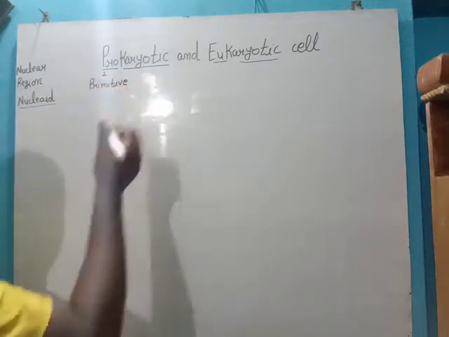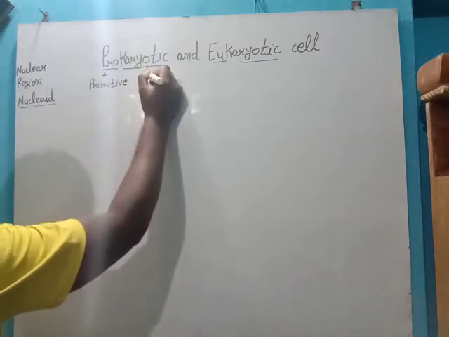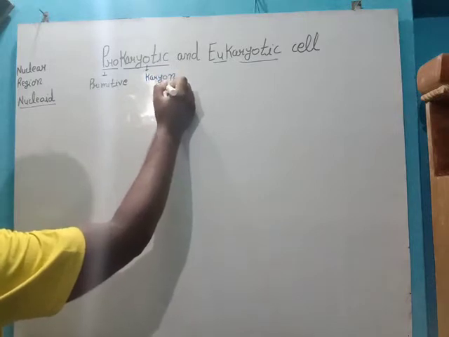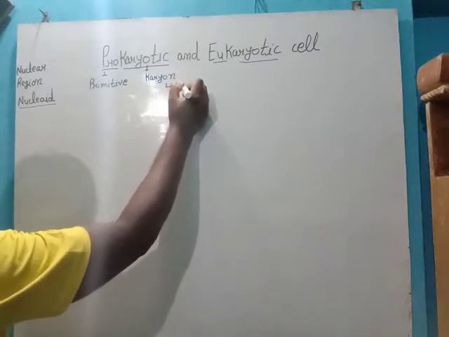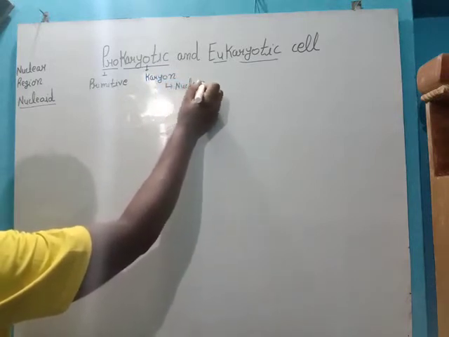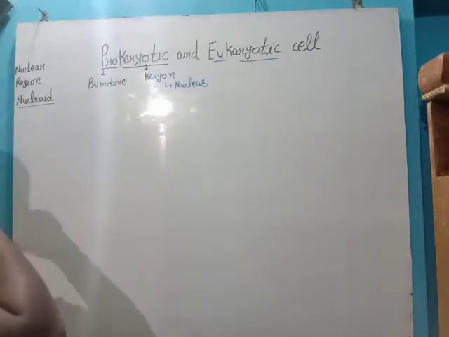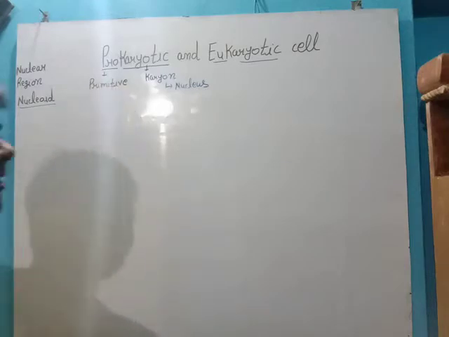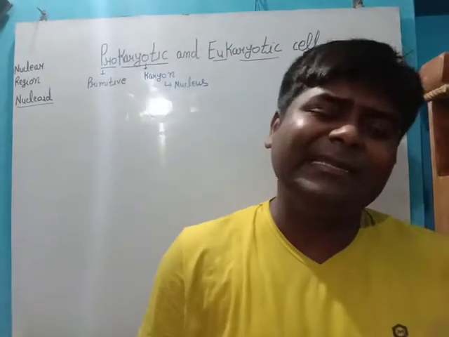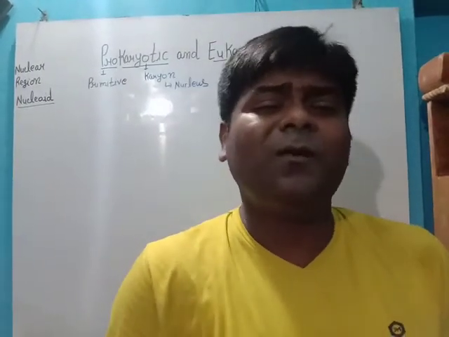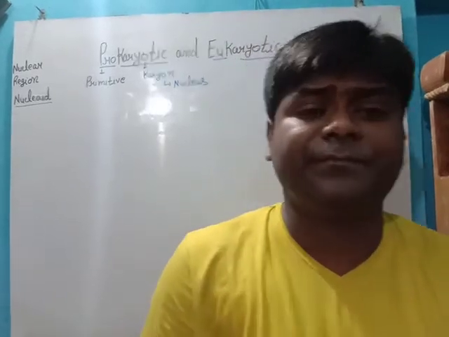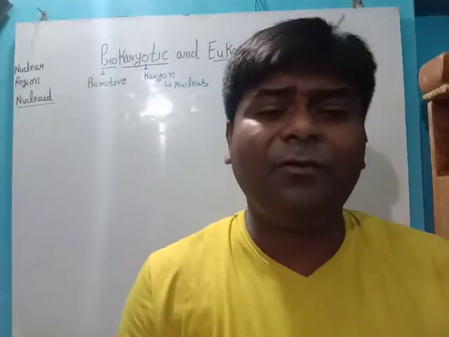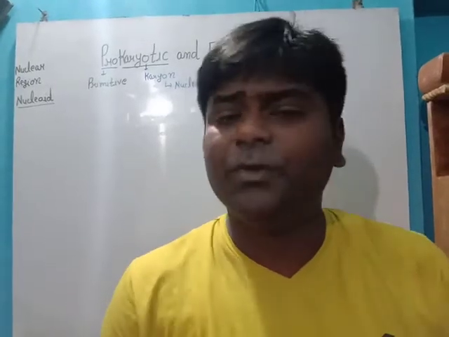And this word karyotic has come from karyon. And what does it mean? Karyon means nucleus. Primitive we can also say less developed, or not developed. That is, primitive is the word which has this obvious meaning: less developed, not developed.